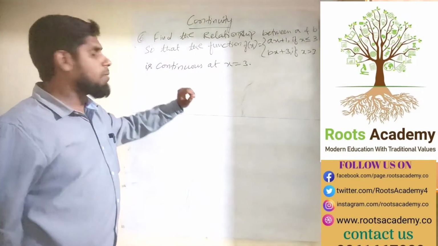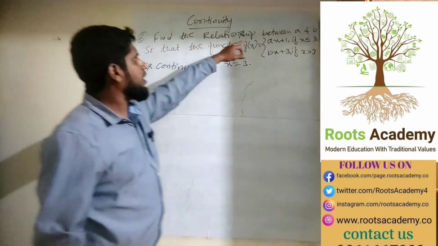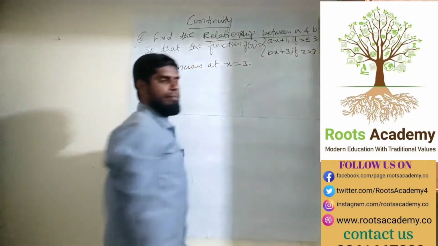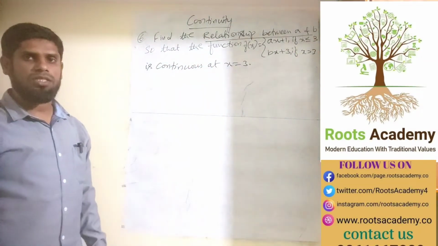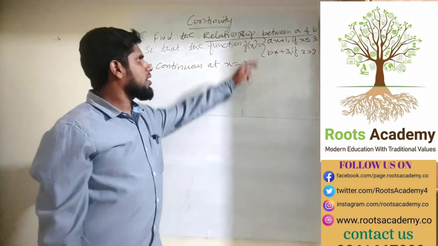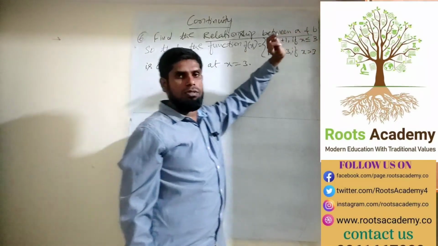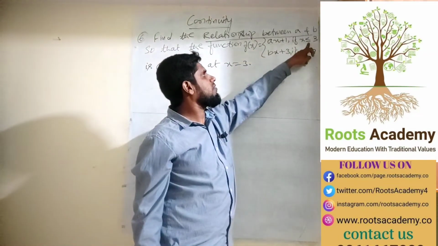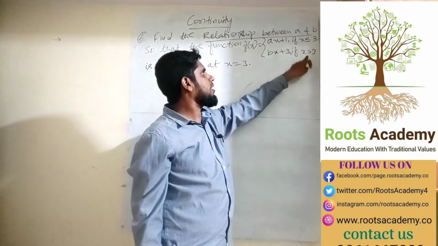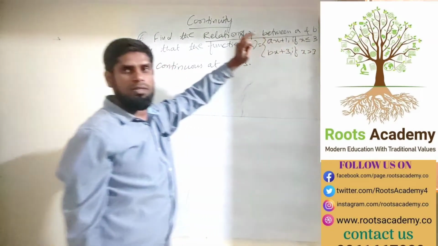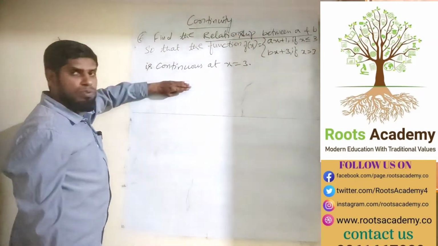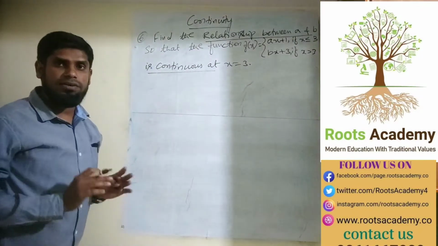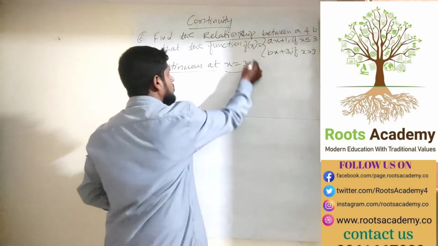Students, in this problem, he is asking us to find the relationship between a and b. a and b are two constants. We should find the relationship between these two values. Where the function is this, he has given left hand limit and right hand limit here. And in this problem, he himself has declared that it is a continuous function at x equals 3.